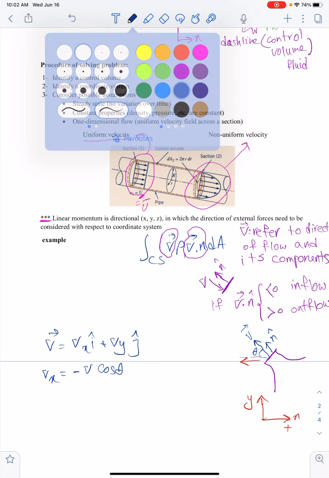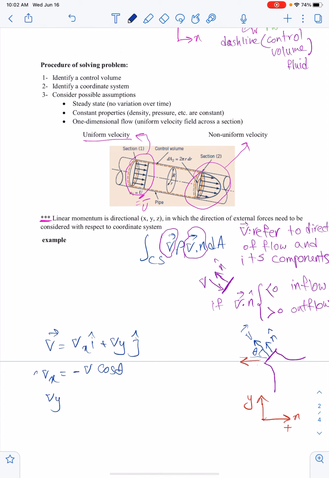And then Vy is going to be equal to V times sine theta.